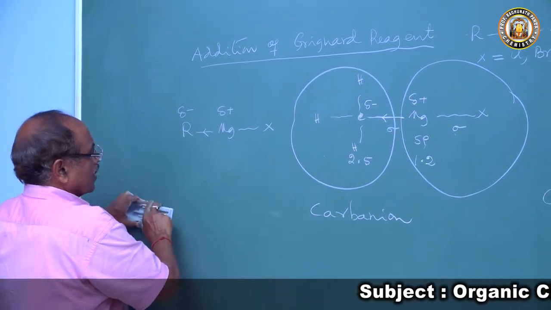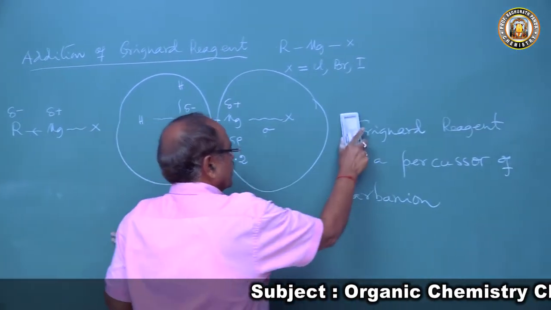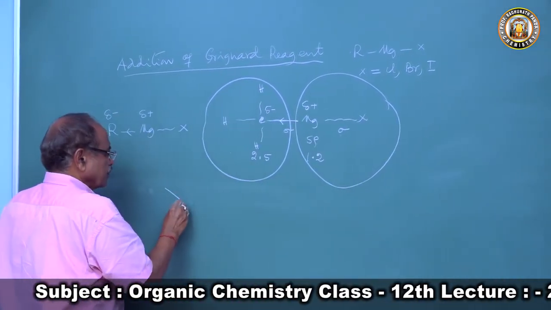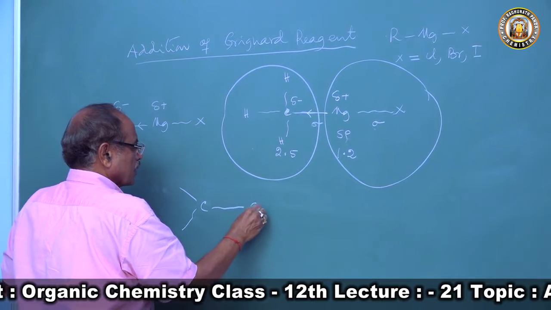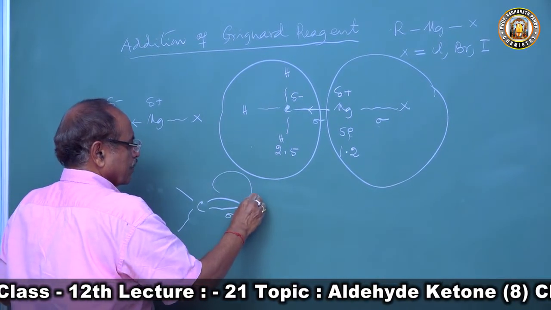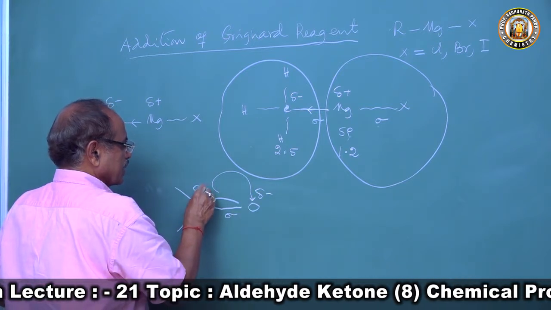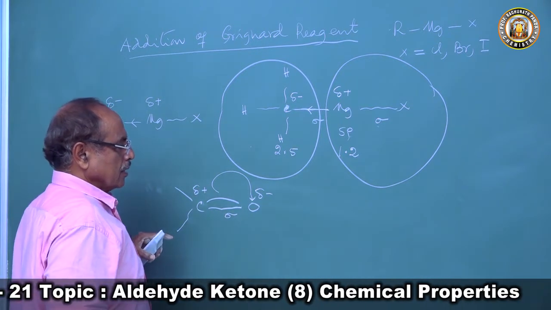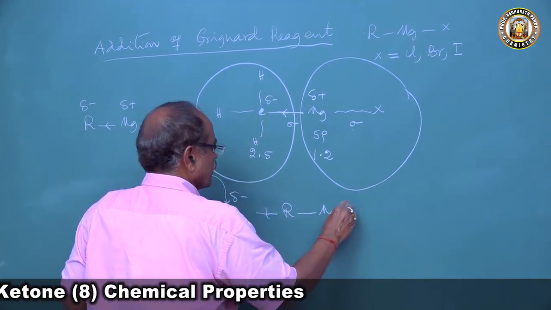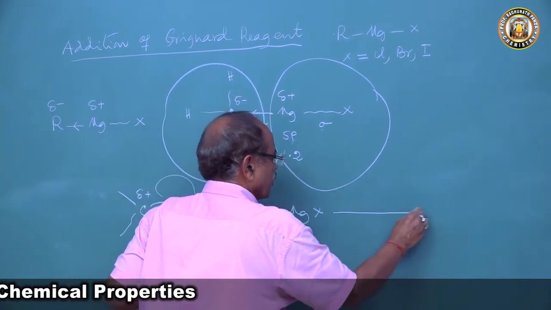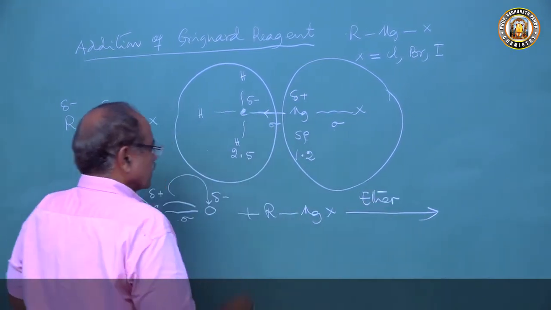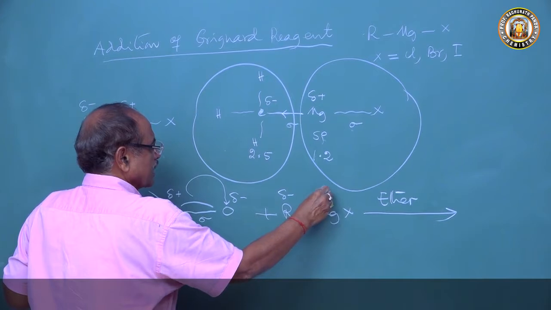Now let's come to the carbonyl compound. In a carbonyl group there is a carbon-oxygen sigma bond and a pi bond, and there is always a drift of electrons. So oxygen has a delta negative charge and carbon has a delta positive charge. The moment you take a Grignard reagent, RMgX, in presence of ether, R is negative and MgX is positive.